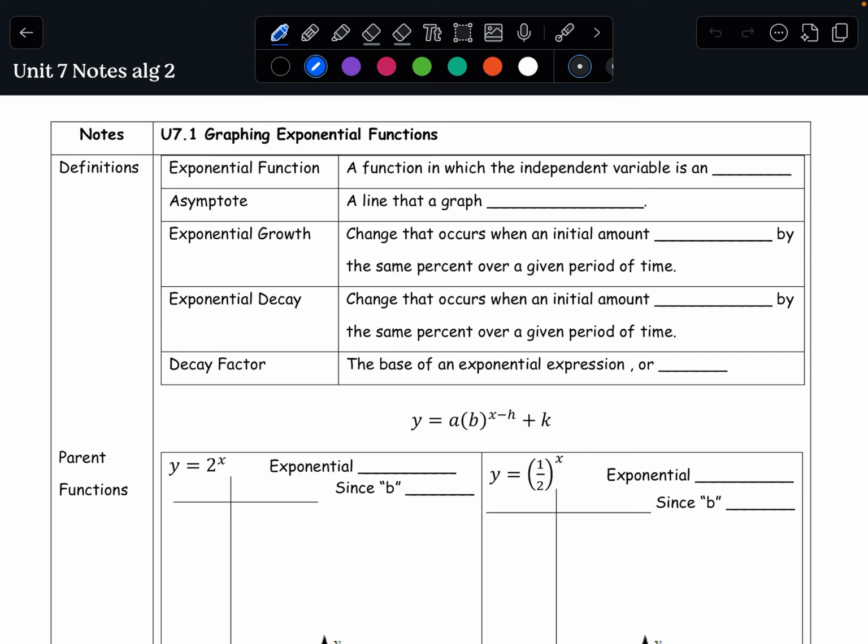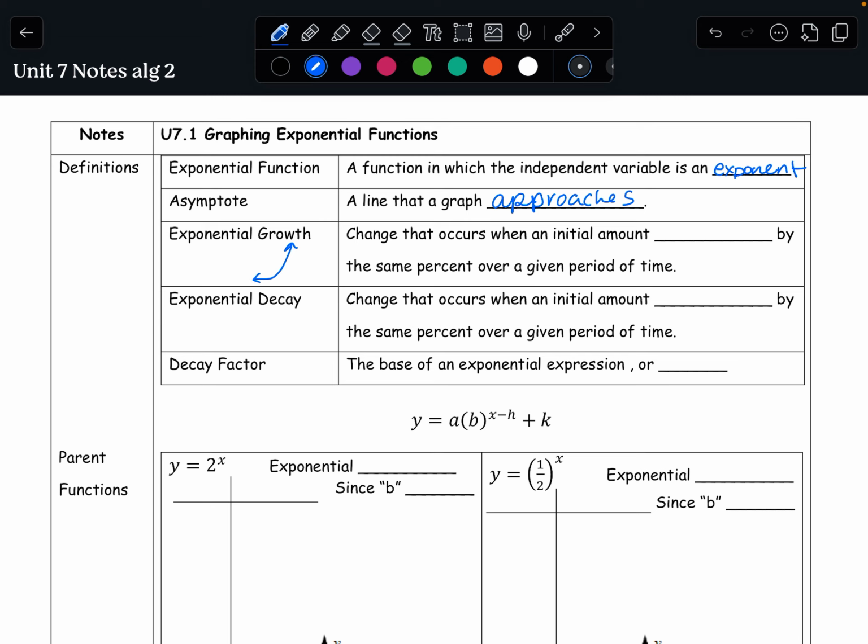A couple definitions for today. An exponential function is a function in which the independent variable is an exponent. An asymptote is a line that a graph approaches. Exponential growth is going to look like this, and we'll talk about it later.